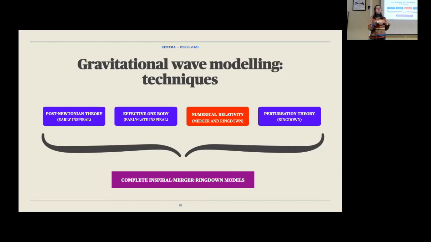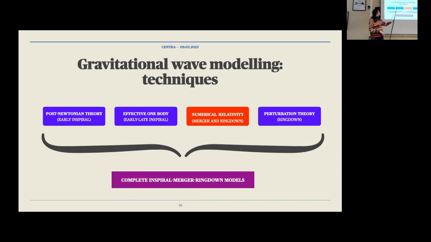You perform an expansion in the parameter v/c, and this means that it's appropriate for a weak field and a system where your source is slow moving. And so this post-Newtonian approach is only appropriate during the inspiral stage of the binary, when the two black holes are very far apart and the gravitational wave field is weaker and they are moving much more slowly.